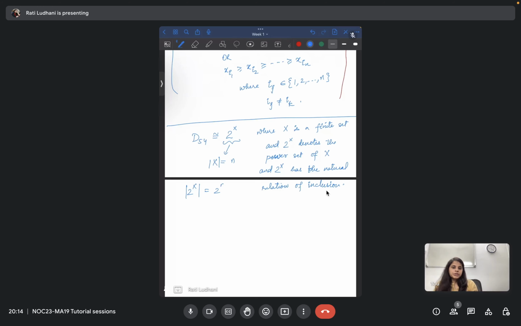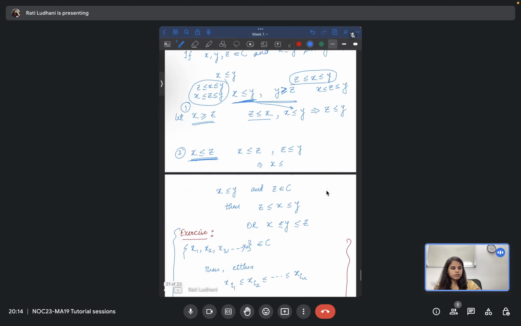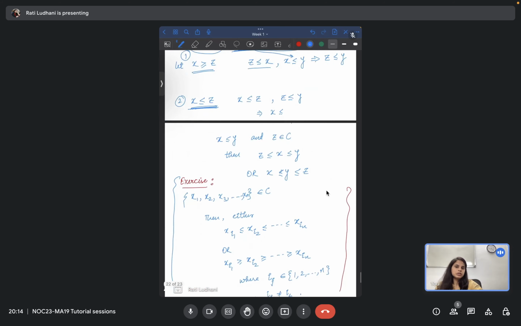Exactly, very good. So first you check, do you have a number of elements in D54 that is some power of 2? This is not always true, because we are just counting the number of divisors. We never say the number of divisors has to be a power of 2.